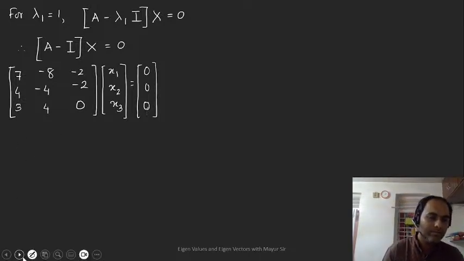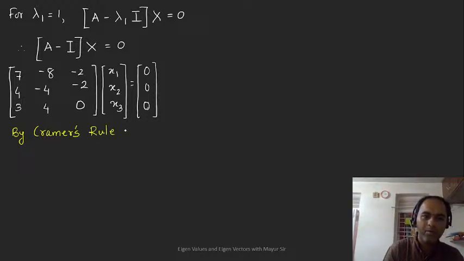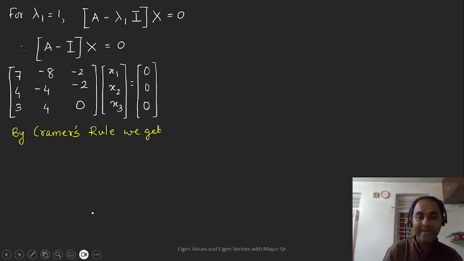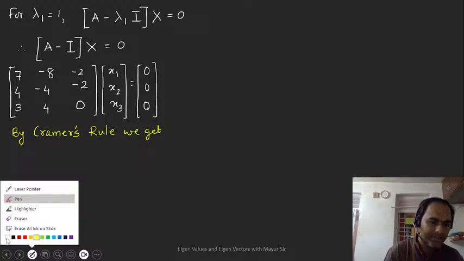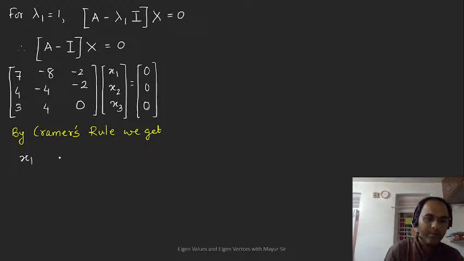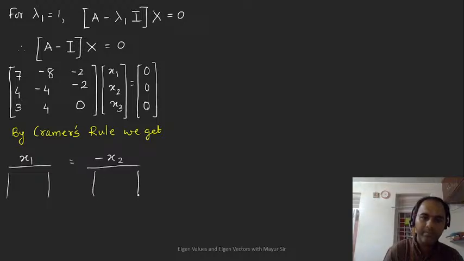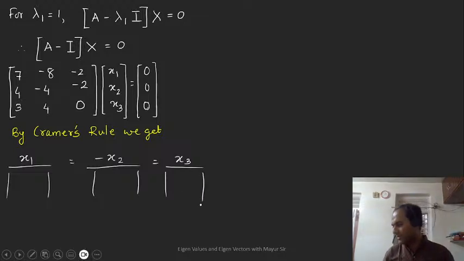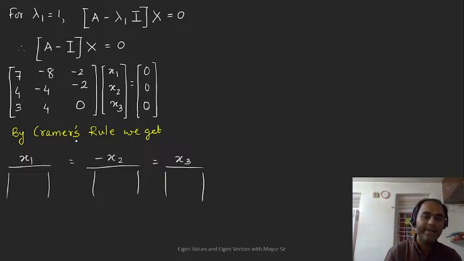So write down, by Cramer's rule we get, now what do we get? Please be very careful and see this. x1 upon something equals minus x2 upon something equals x3 upon something. We have to write all these things. Now let us see in detail how to write them.